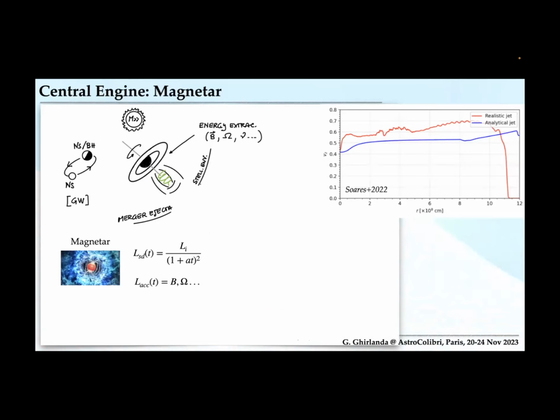Another possible central engine is a magnetar, which is a scenario that can be produced, especially in the case of binary mergers.